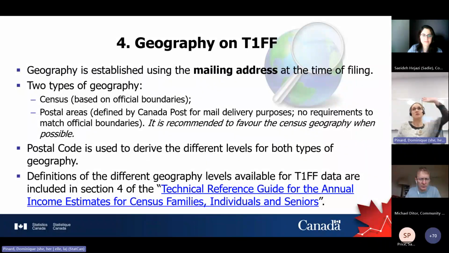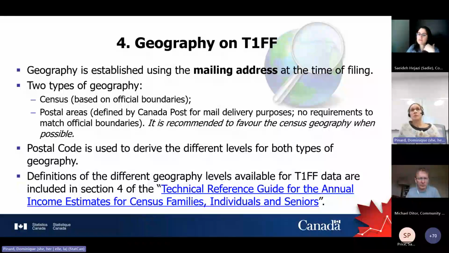So we covered the TIFF universe, and how to be careful about the unit of analysis. Now I'd like to talk about one other big strength of TIFF, which is the geography. I mentioned earlier that we have the mailing address from the T1 tax data file.